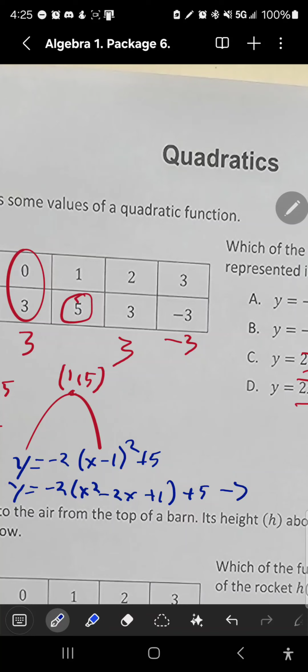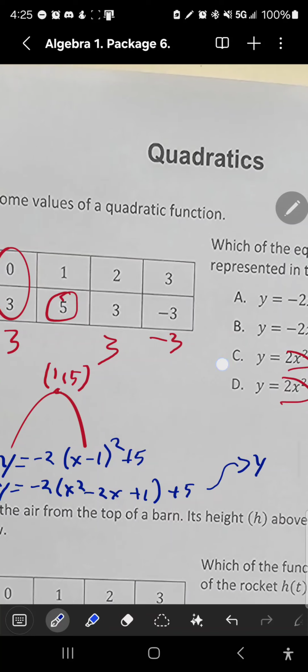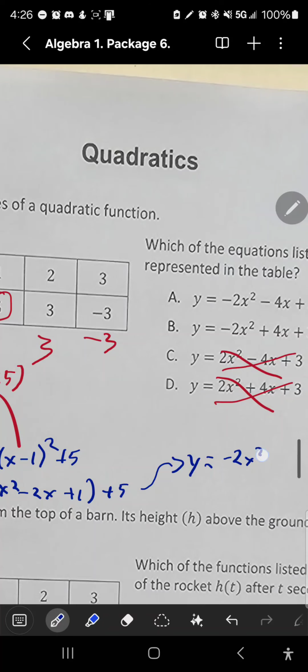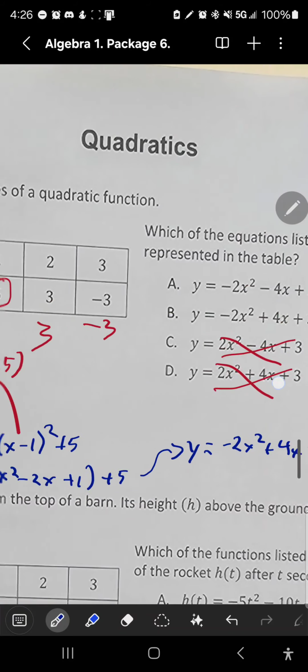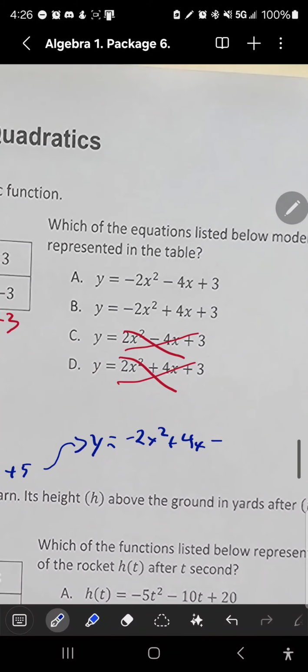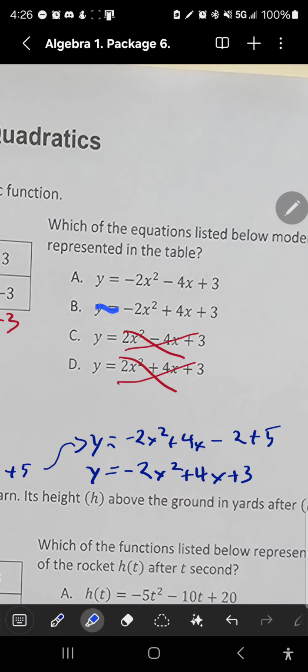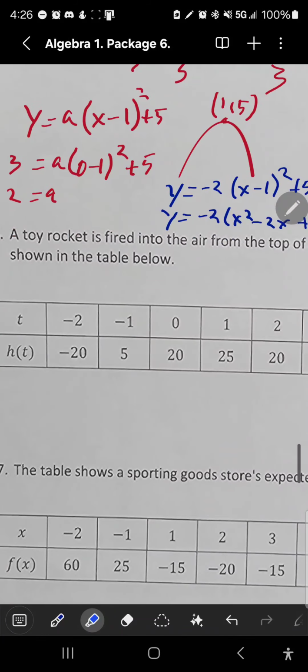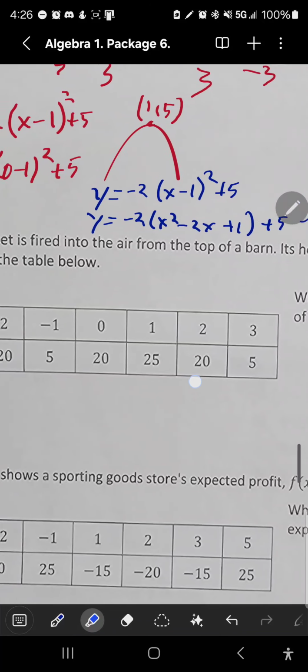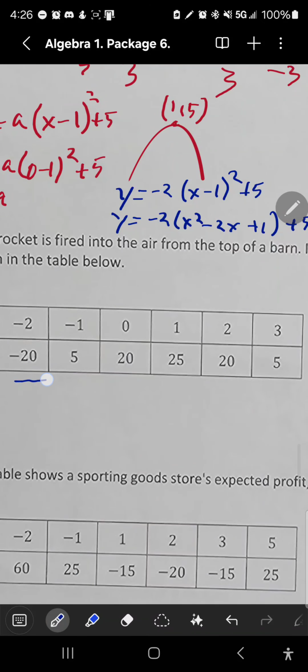And this will be y equals negative 2x squared plus 4x minus 2 plus 5. And that's equal to negative 2x squared plus 4x plus 3, which is option B.